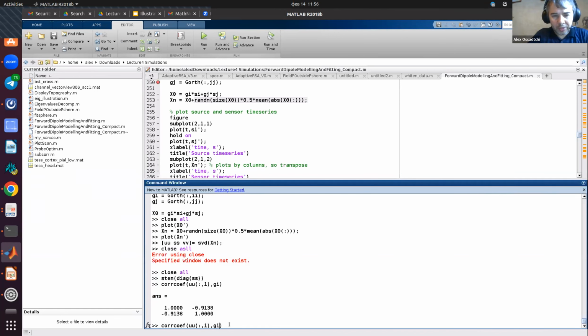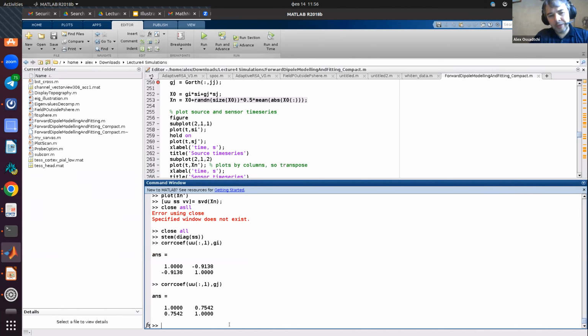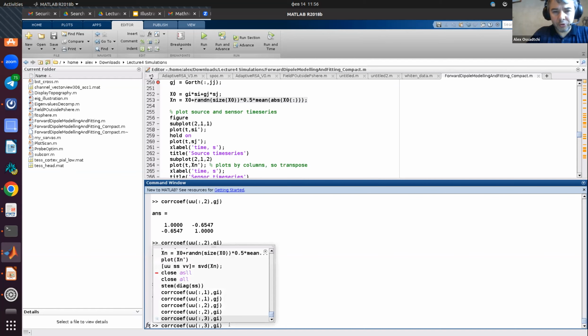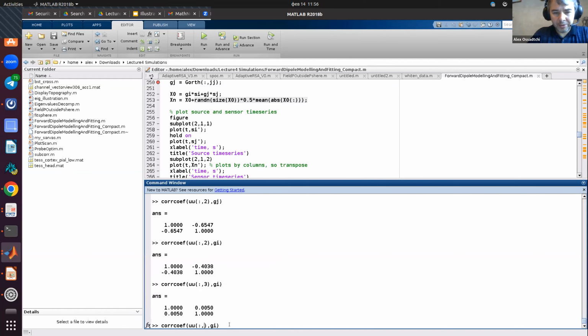And then you can see what about GJ, not this, not that. And then U2, negative, but it doesn't matter that it's negative, but still low. But the good thing is this, look at this. It's close to zero.